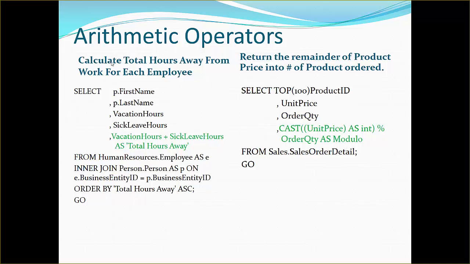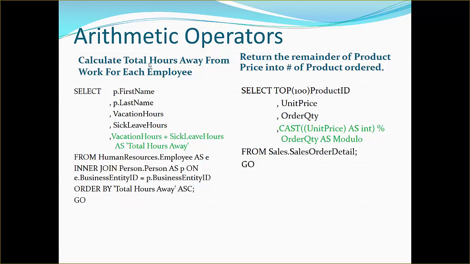So the requirement is to calculate the total hours away from work of each employee, right? And then to get the total hours away from work, you need to add the vacation hours with the sick leave hours. Okay, so in the HumanResources.Employee table, you have vacation hours, and you also have sick leave hours.